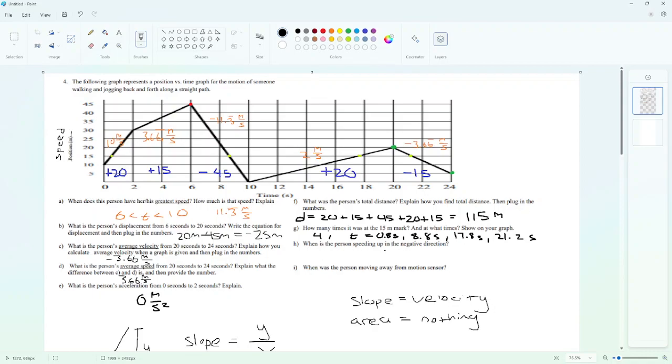When is the person speeding up in the negative direction? Okay. So to speed up in the negative direction, that's a bit of a mouthful, but that essentially means decelerating, speeding up in the negative direction. That's the same as saying, okay, hold on.